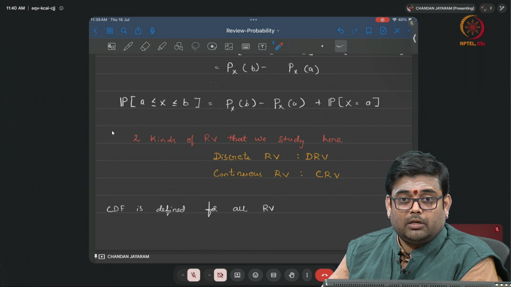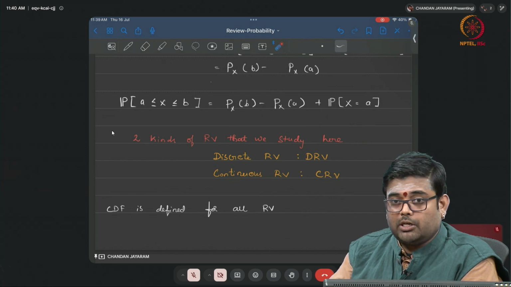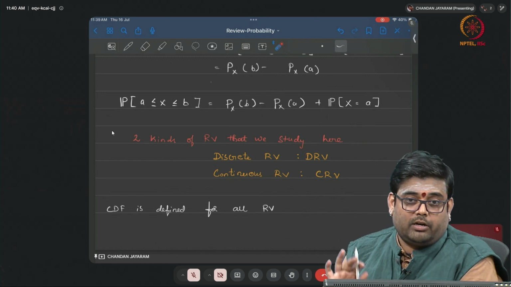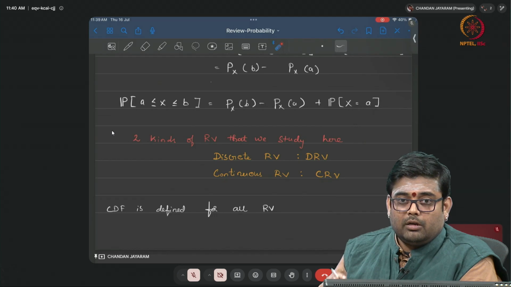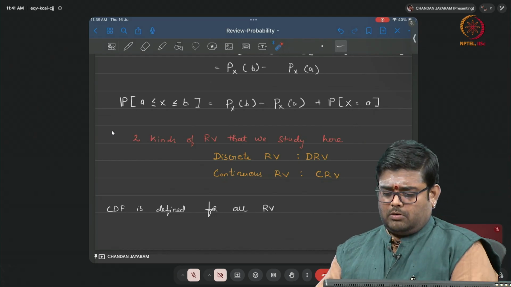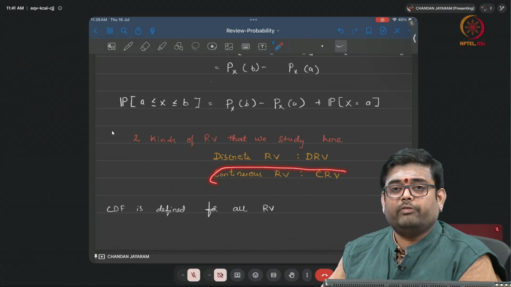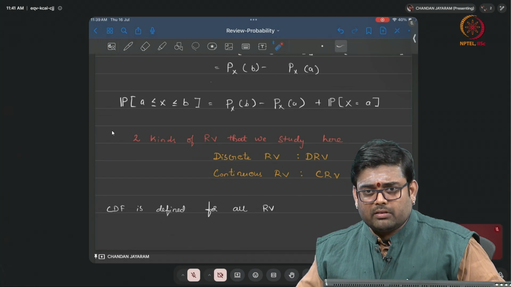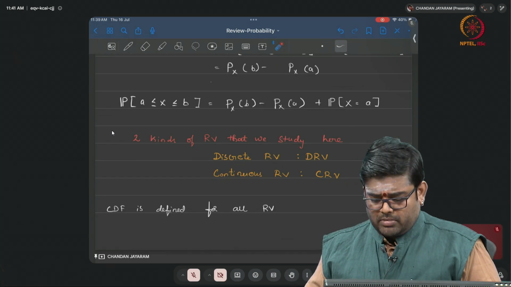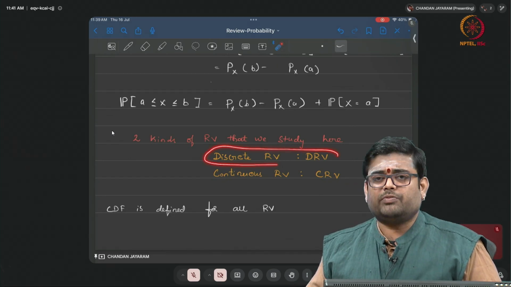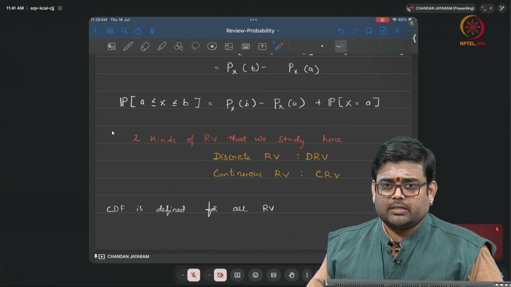There is one more kind which we shall not be looking at. Most of the time, about 80%, we will be dealing with continuous random variables, and about 20% of the time with discrete spaces.